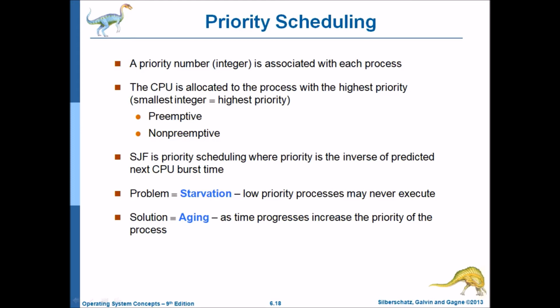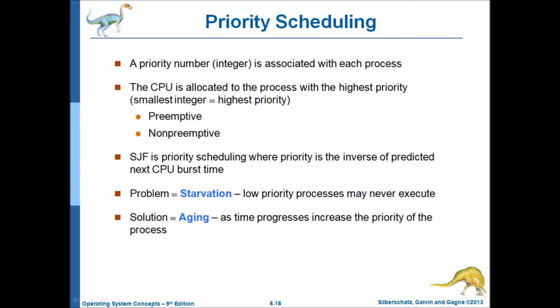It can either be preemptive or non-preemptive. The shortest job first is a priority scheduling, the previous scheduling algorithm, where priority is the inverse of the predicted next CPU burst. In short, the smaller the expected burst, the higher the priority.